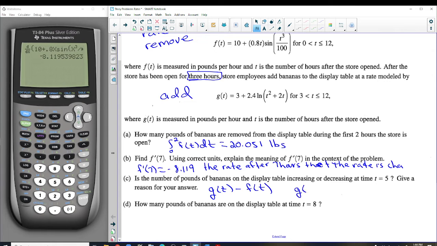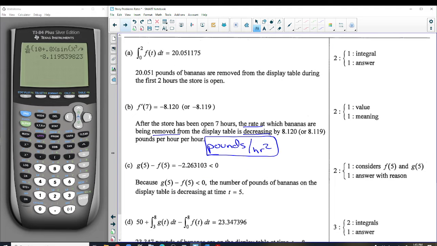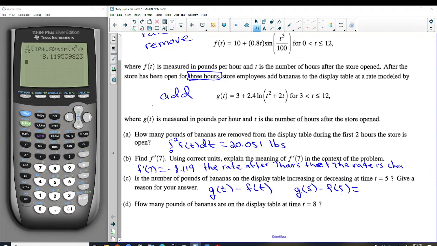All we have to do is evaluate g of 5 minus f of 5. You could use your calculator and plug in values. Let's cheat. It ends up being negative 2.263, which is less than 0. That's the reason why it ends up decreasing.